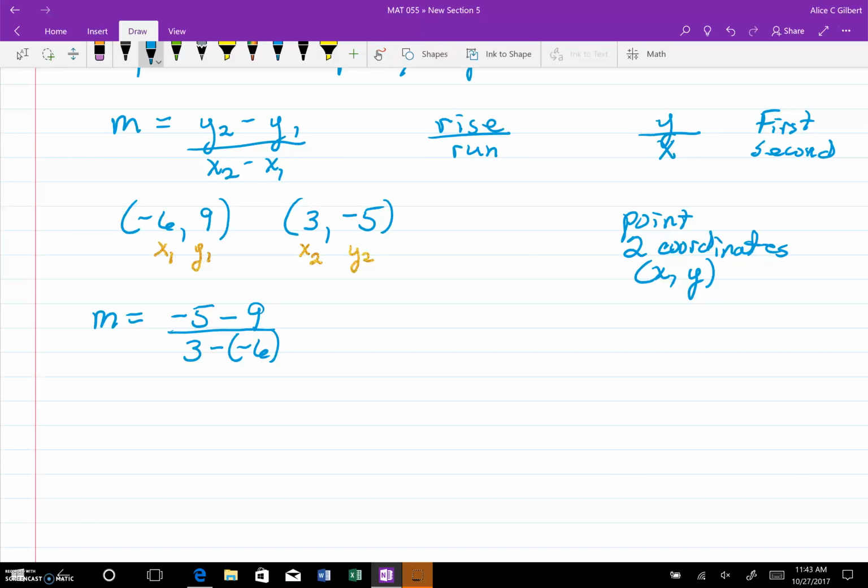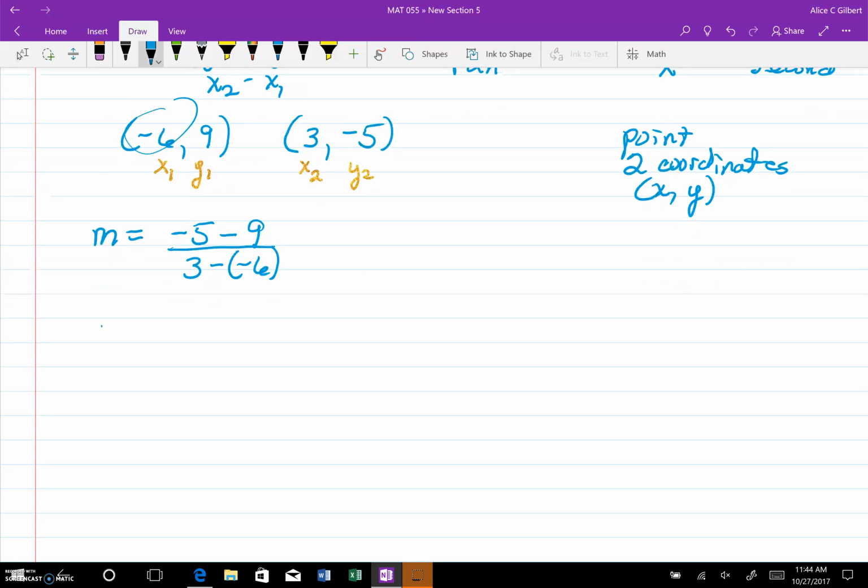Notice that, be very careful, minus a minus, okay, from the formula, and then this coordinate is actually minus. So now I just need to do the calculations. In my numerator here, this is an addition problem whose signs are the same, so I add the numbers, keep the sign. In my denominator, the first thing I need to do is get rid of my parentheses, so a negative times a negative is a positive, and now I can just finish this up, -14 over 9.